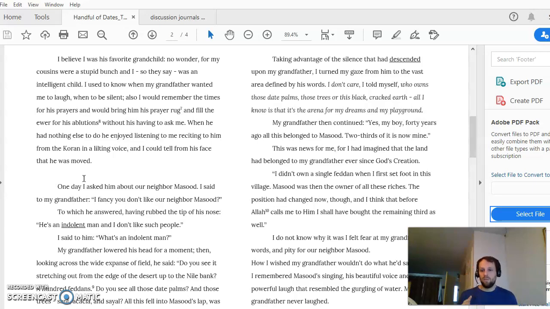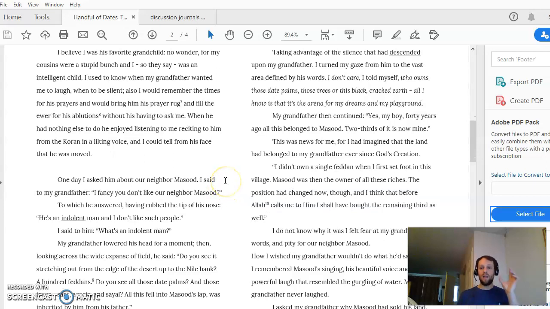And so if you're choosing Masood, you definitely want to look further on in the story, because to get a full picture of what Masood is like, you have to weigh the grandfather's perspective of Masood with the things the boy observes about Masood.